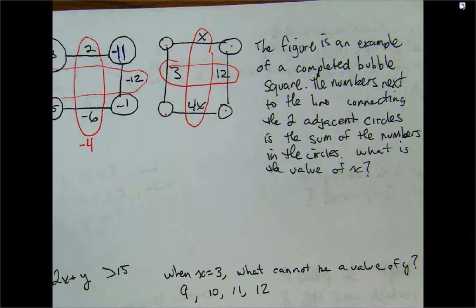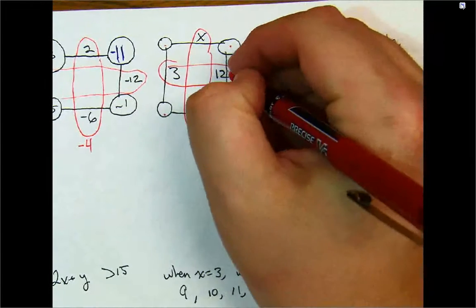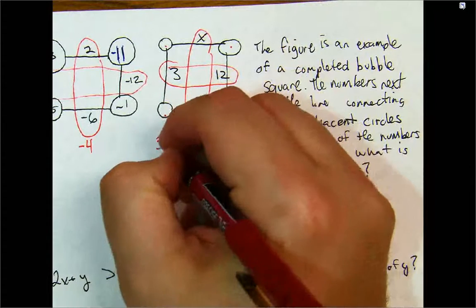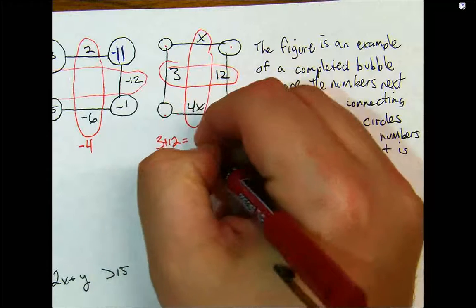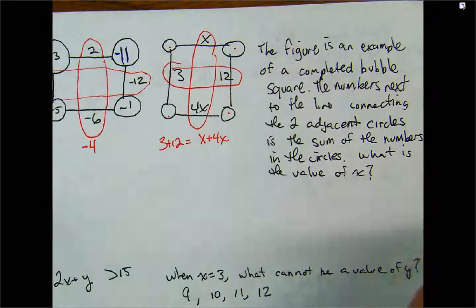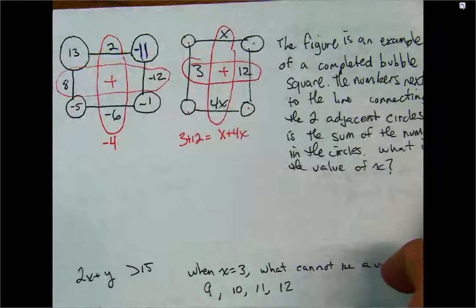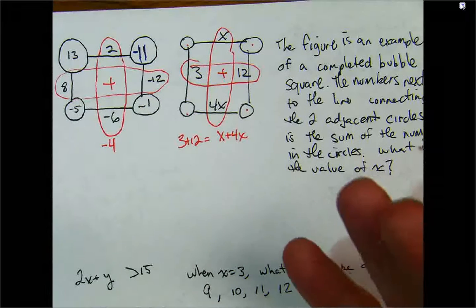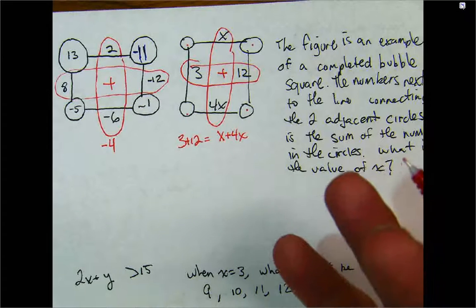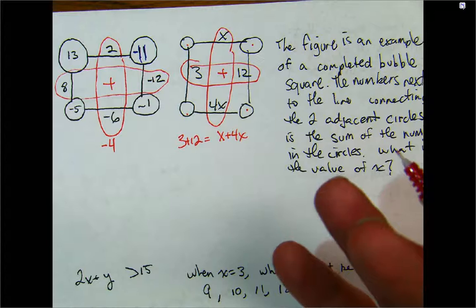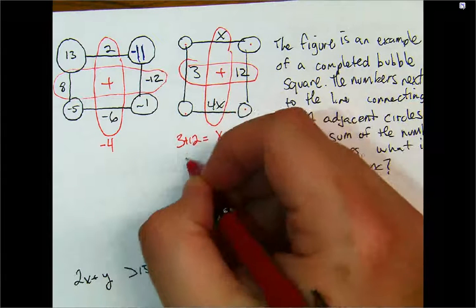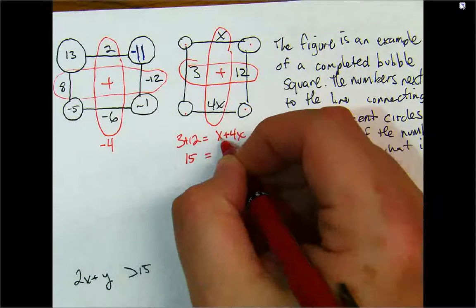So if I add these two things together, I just see the pattern kind of jumped at me. And what's 3 plus 12? 15. What's 1x plus 4x's? 5x's. So divide by 5, x equals 3.